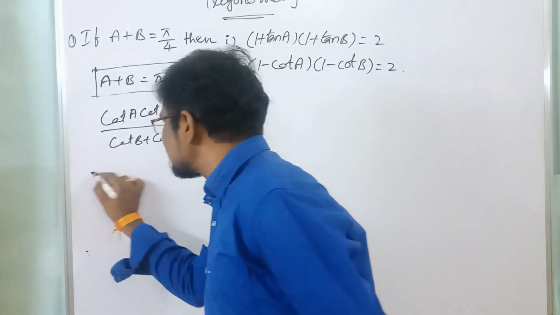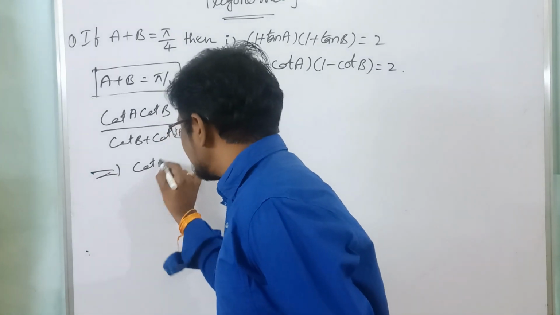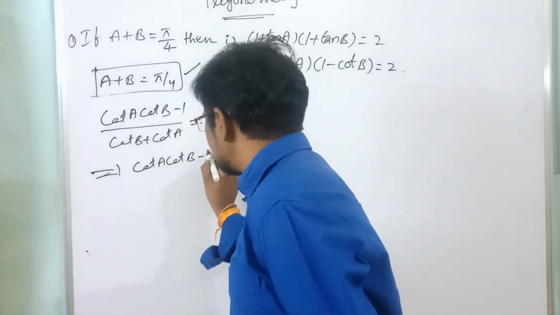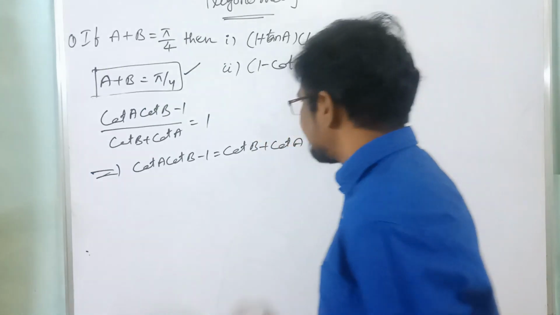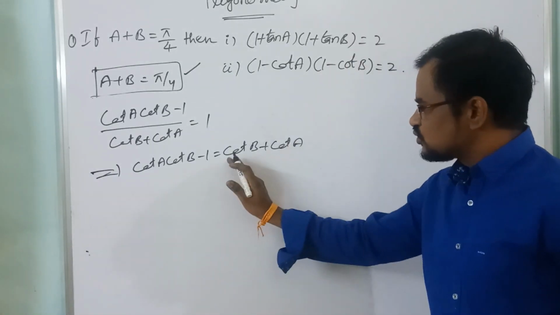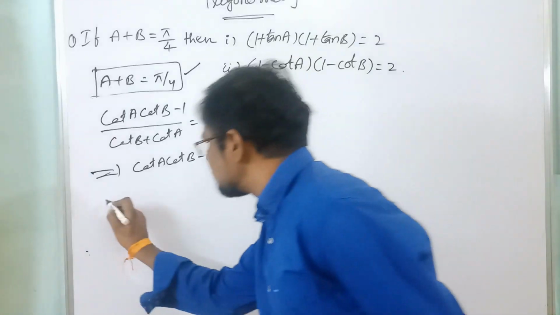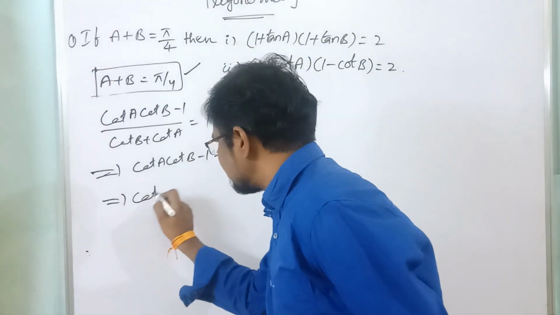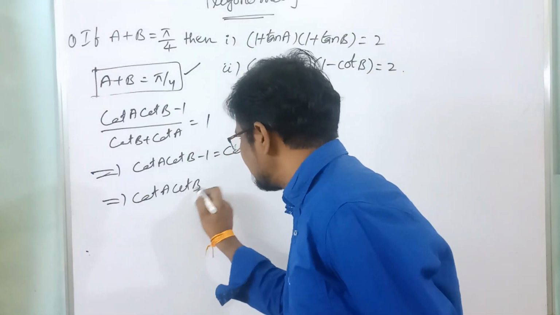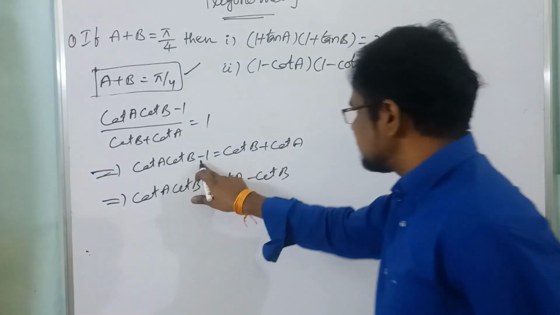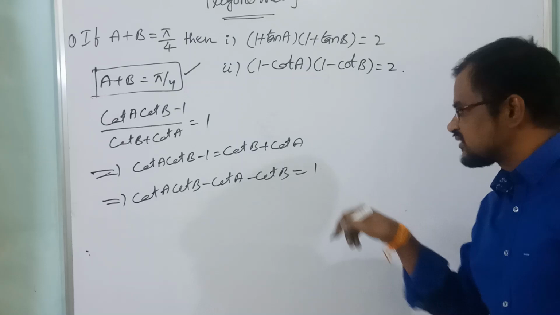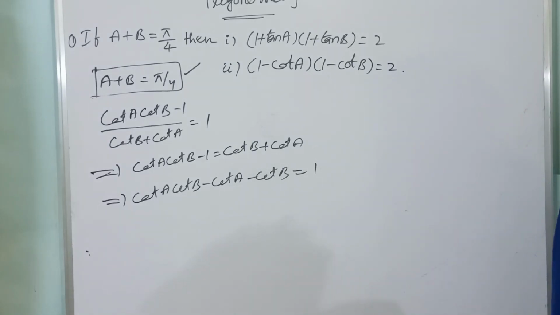Again, cross multiplication: cot a into cot b minus 1 equals cot b plus cot a. Bring these two terms to that side. So we get cot a cot b minus cot a minus cot b. This minus 1 bring to this side, here we get 1.